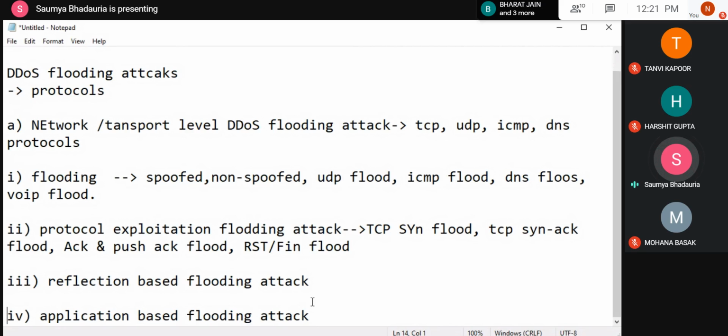Clear? So let's say there is one client which is connected to a server, and there is a malicious party, or multiple malicious parties, referred to as zombies. These are sending ICMP echo request packets to the server. When they send these packets, they carry the IP address of the client in the system. So they are sending spoofed packets to the server.